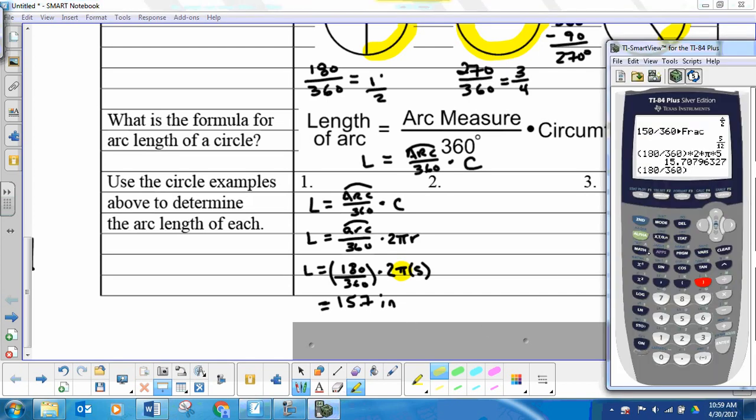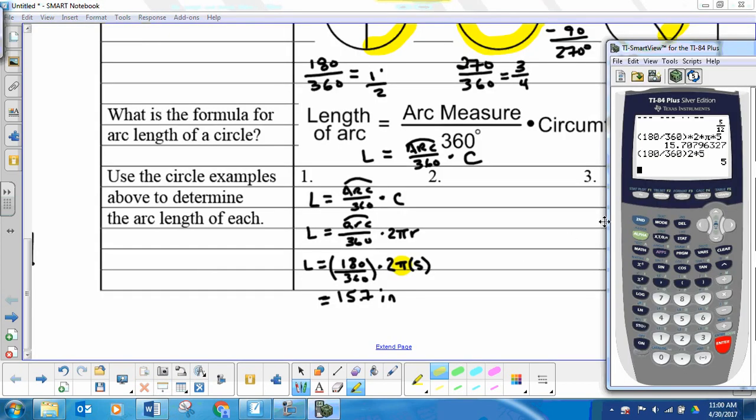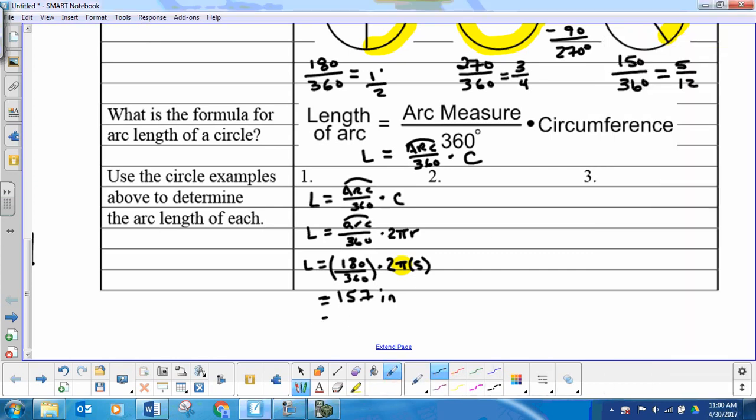When I don't include the pi, I'm just going to show the mathematical figure I come up with here, and then just throw a pi right next to it. It feels and looks the same exact way. So multiply that by 2 times 5, again leaving the pi out this time, and look at how pretty that number is. It's straight 5. So to show this in terms of pi, we would simply say 5 pi inches.